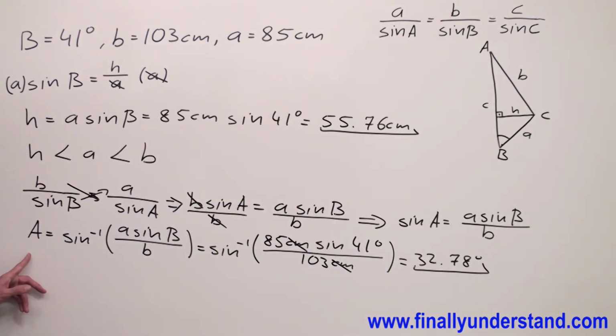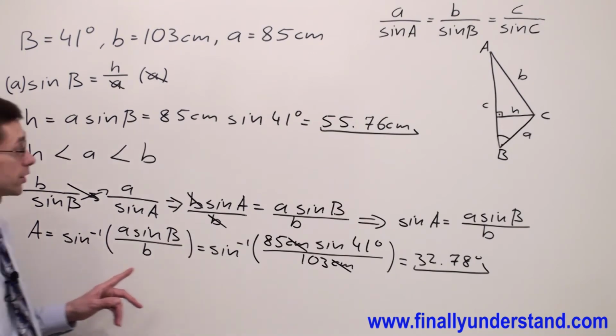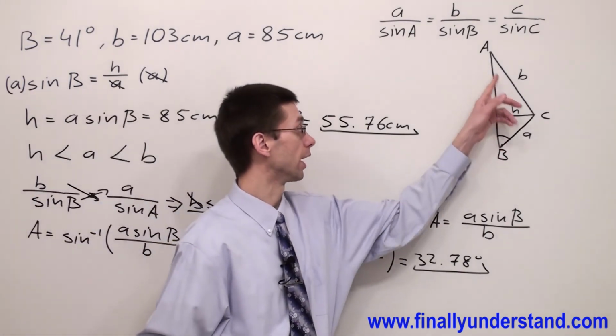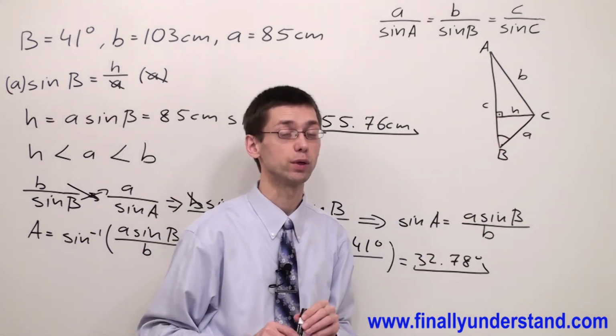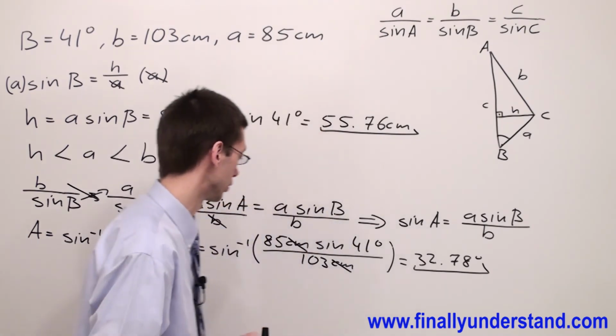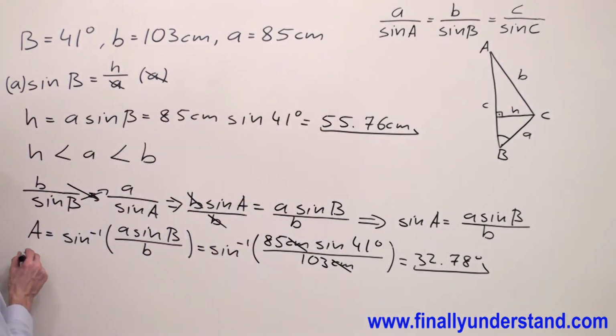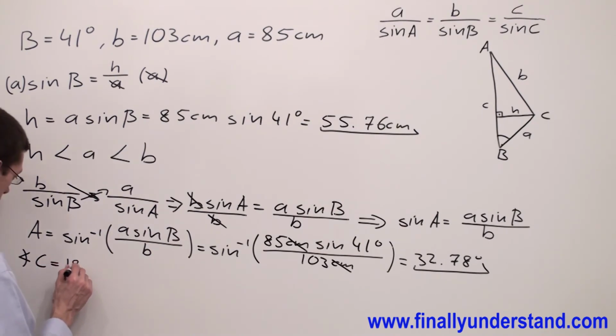Next, we're supposed to find the third angle, which is angle C. Please keep in mind that the sum of all angles in a triangle is always equal to 180 degrees. So if you want to find angle C, you simply subtract angle A and angle B from 180 degrees.